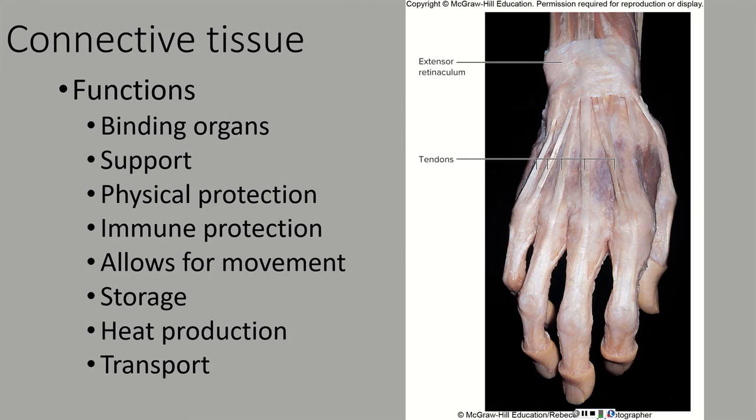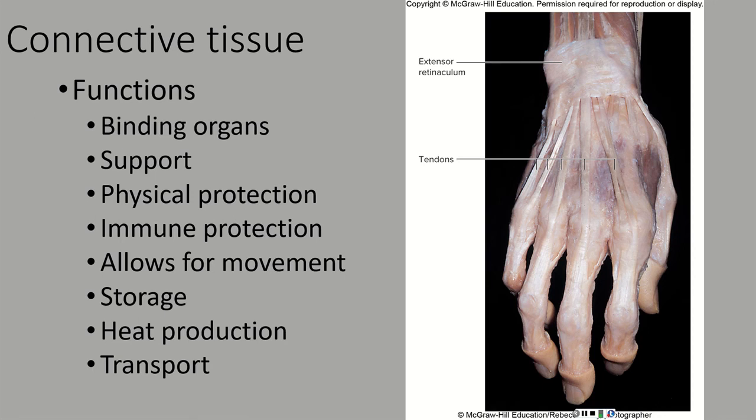Support, similar to what we were just talking about with the binding organs, the support helps stabilize, helps keep everything in place and in the right orientation. In our knee, for example, there's a lot of connective tissue surrounding our knee to give it support. Physical protection.